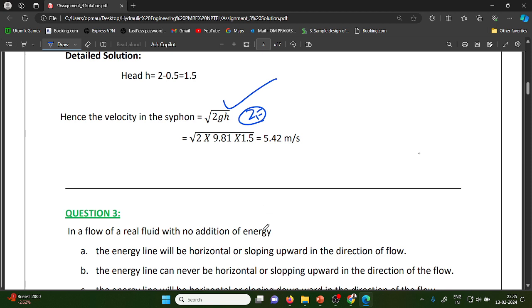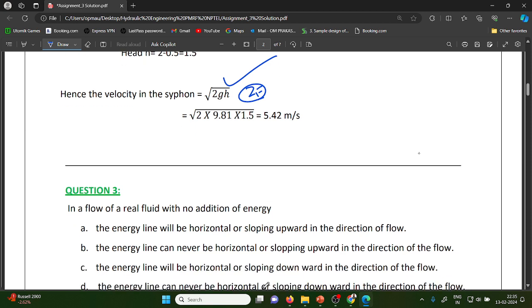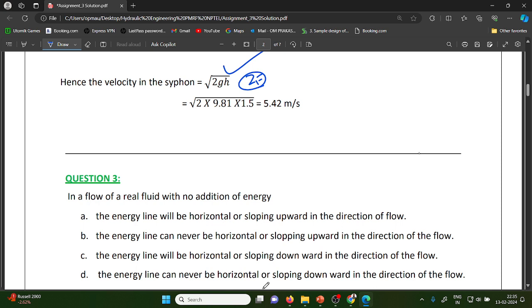Now coming to question number 3. In a flow of a real fluid with no addition of energy. Option A, the energy line will be horizontal or sloping upward in the direction of flow.